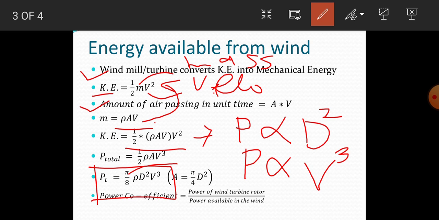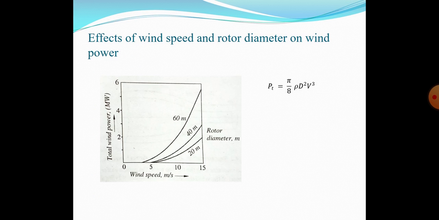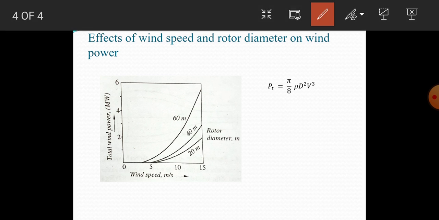So let's plot the graph. From the equation, we have plotted the graph for the effects of wind speed in meters per second and rotor diameter in meters on wind power, in megawatts. On the x-axis we have wind speed, and on the y-axis we have wind power.